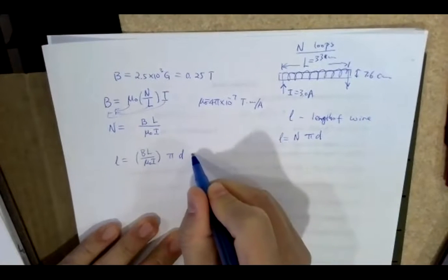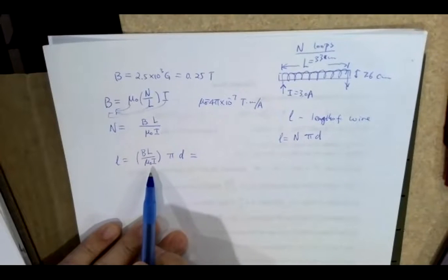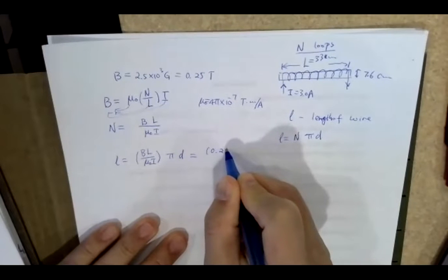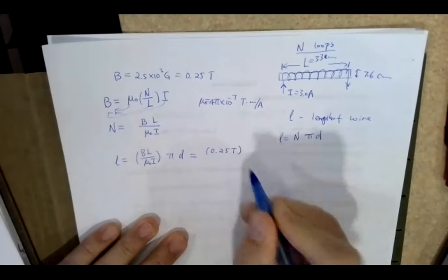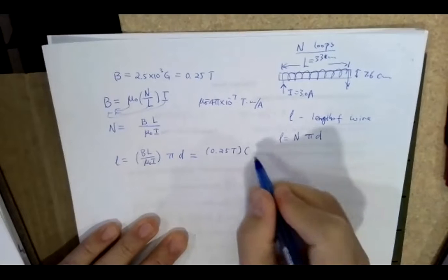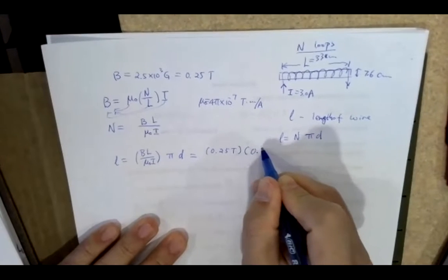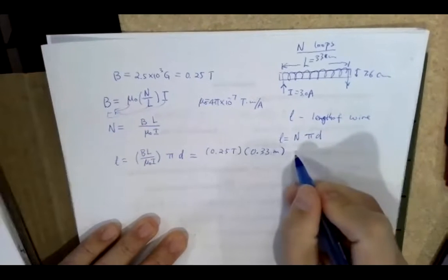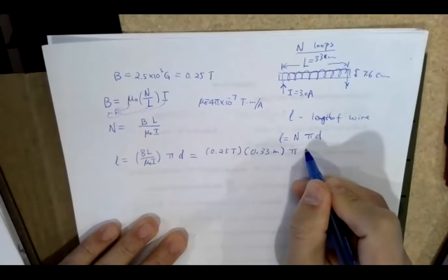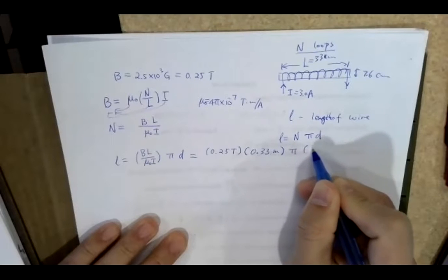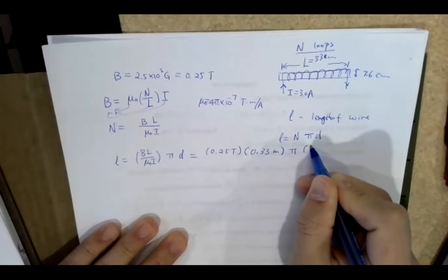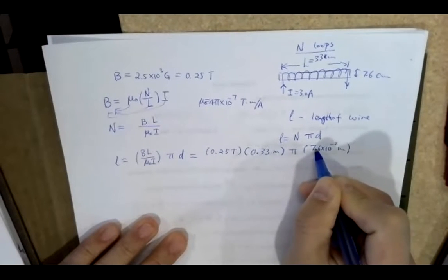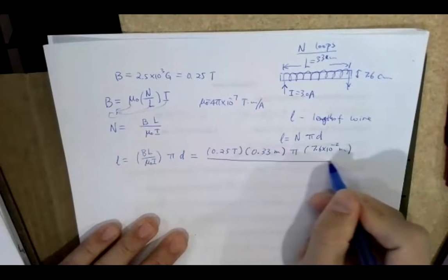So then you have everything that you need now. You can plug in the numbers given. B is 0.25 Tesla, the SI unit. The length should be 0.33 in meters because it's given in centimeters, times pi times D, again given in centimeters, 7.6, so you can do 7.6 times 10 to the minus 2 to go to meters.